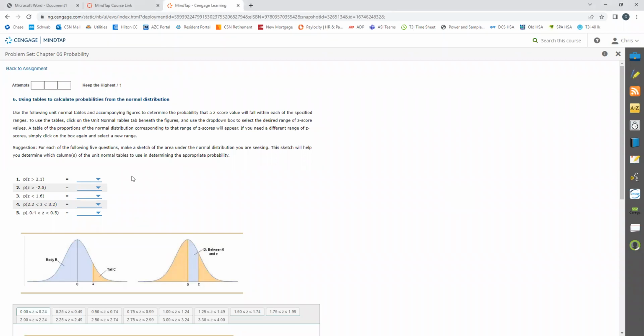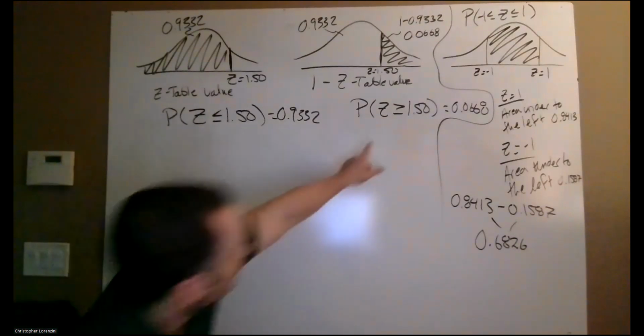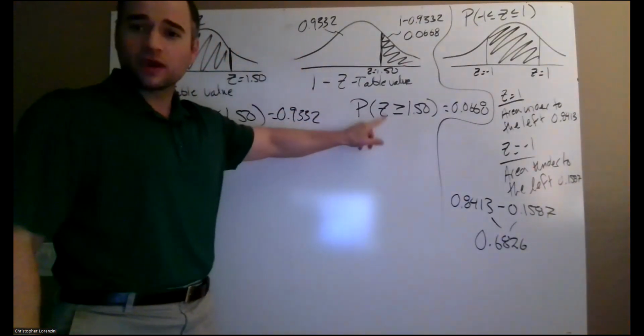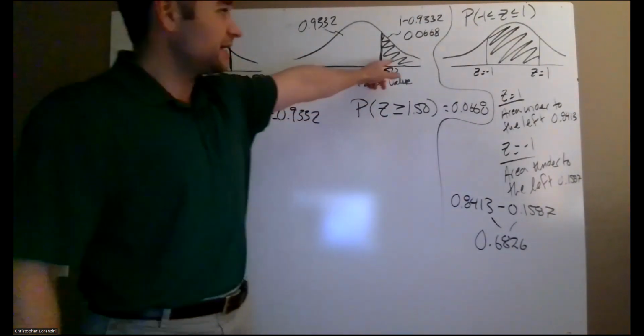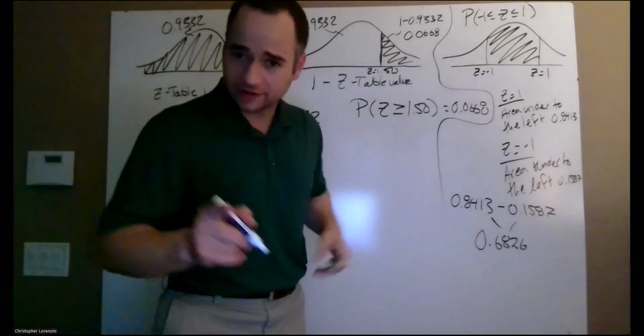Probability that Z is greater than 2.1. So when I take a look at the notation we just talked about, the probability that Z is greater than a value tells me I need to look up the area to the right.